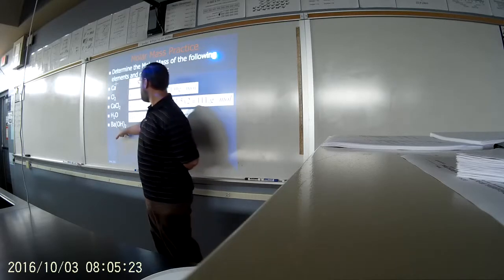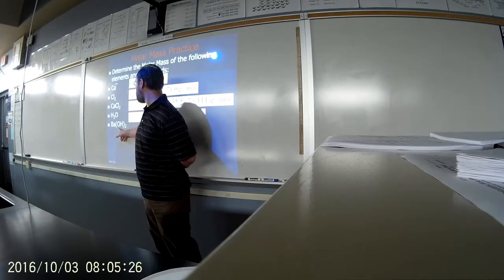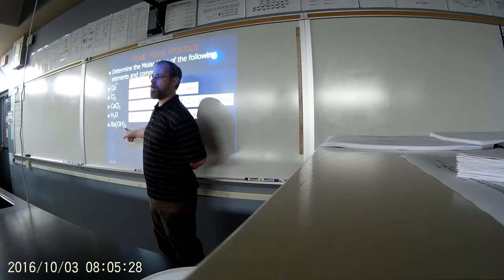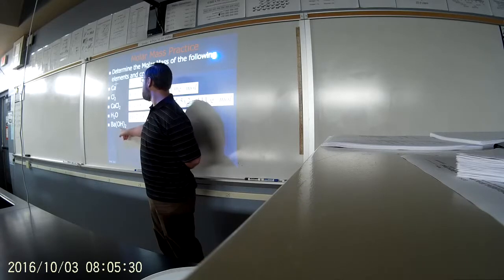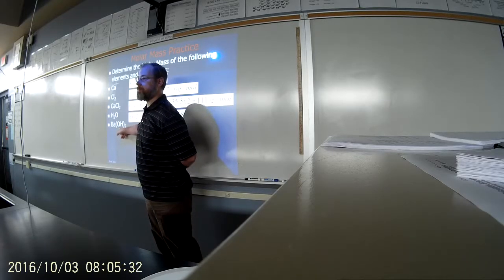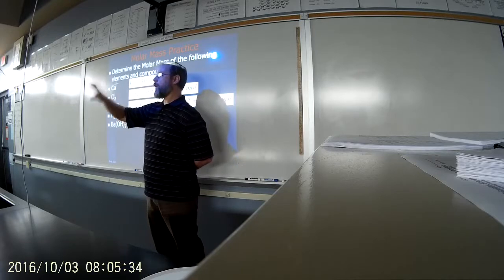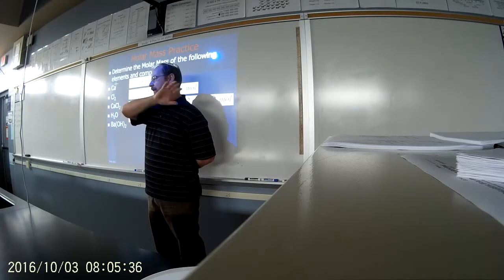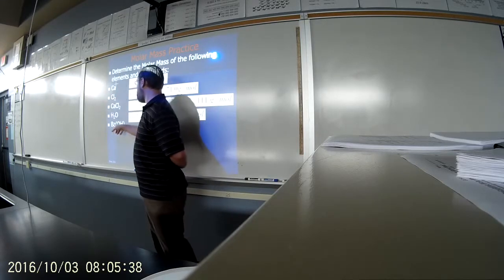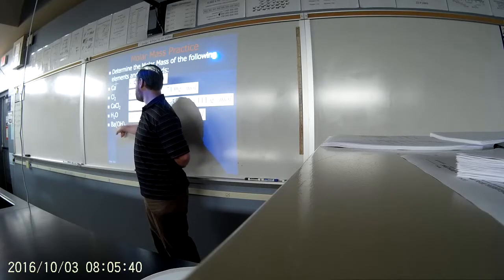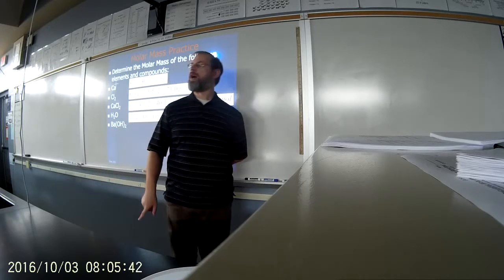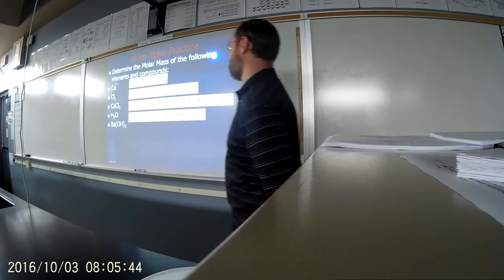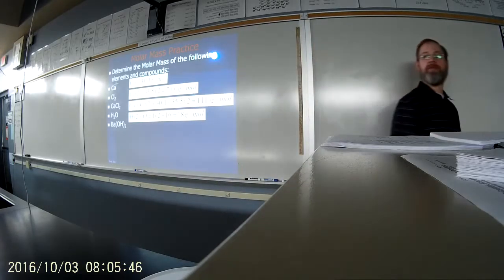In chemistry, it means everything in the parentheses. This 2 means you have 2 OHs. You have Ba, OH, OH. That's all it means. So, a barium and 2 OHs. 2 oxygen-hydrogen combinations. So, work that one out, please.